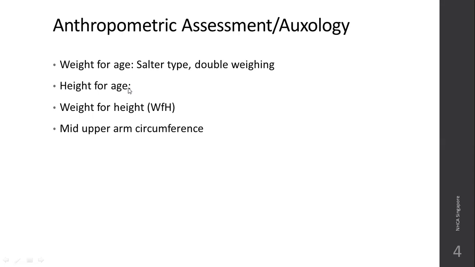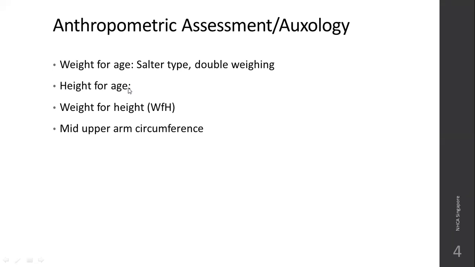Well-nourished children will have a reading of 16.5 to 17. If the reading is more than 13.5, it is considered normal. 12.5 to 13.5 centimeter is borderline malnutrition. 11.5 onwards is acute malnutrition.